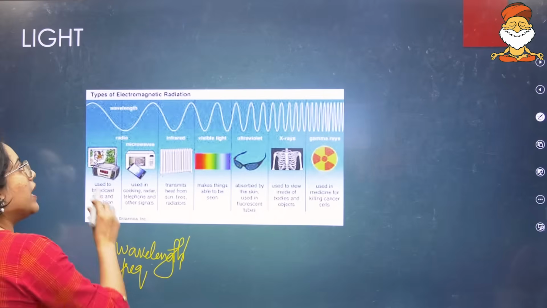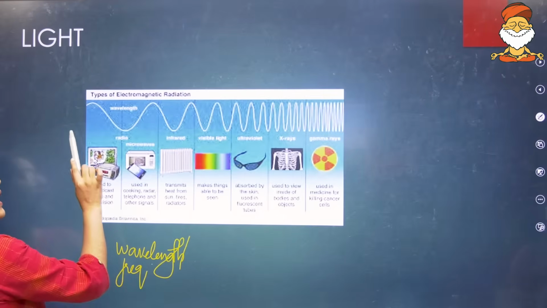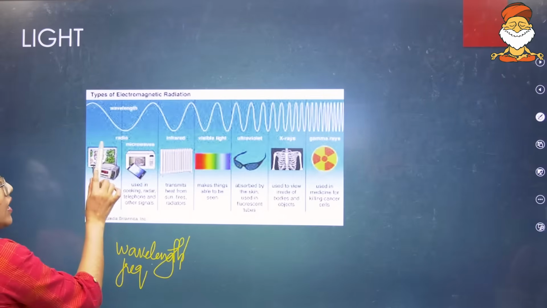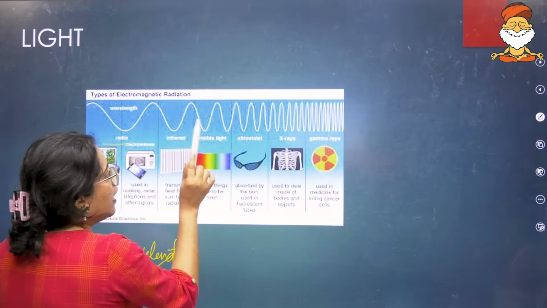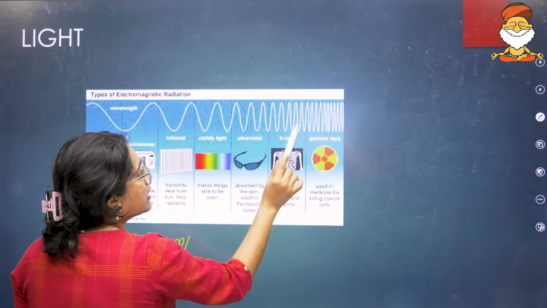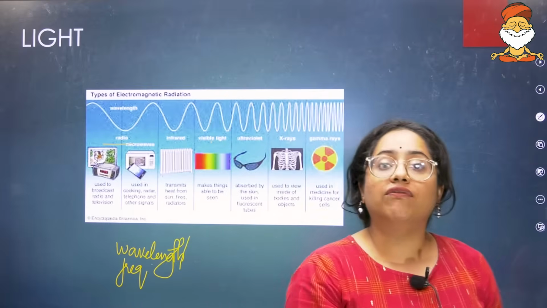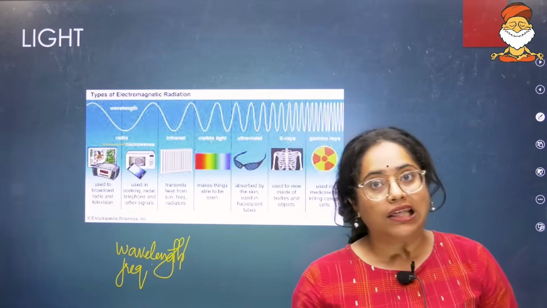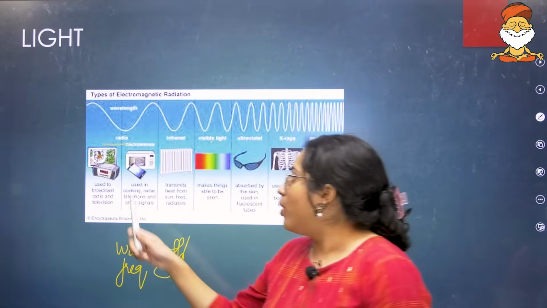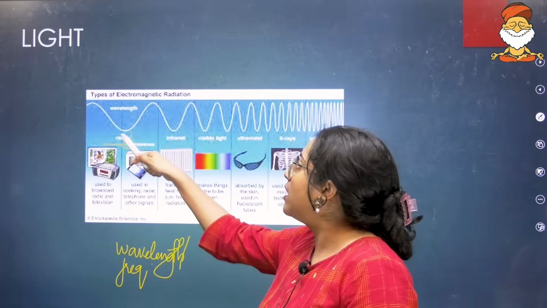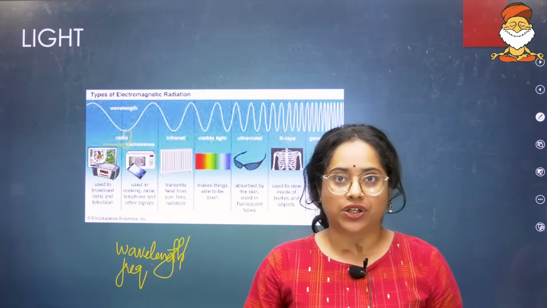Based on the wavelength or frequency, we have different rays starting from radio waves, infrared, visible light, ultraviolet, X-rays, gamma, etc. Whenever I use the word wavelength or frequency, understand I'm trying to refer to any of these radiations.